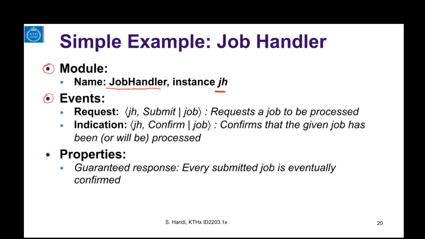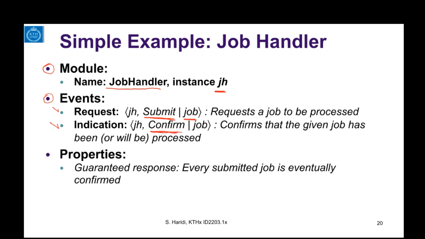Then we look at the events. We are going to have a set of request events and indication events. In this case, for the job handler, there is only one request event, and that is here the name of the request event, and this is the argument of the request event. So the name is submit and the argument is the job. So for a request event in this case, the environment of this component requests a job to be processed. An indication event will be an event when confirmed that the job has been or will be processed.